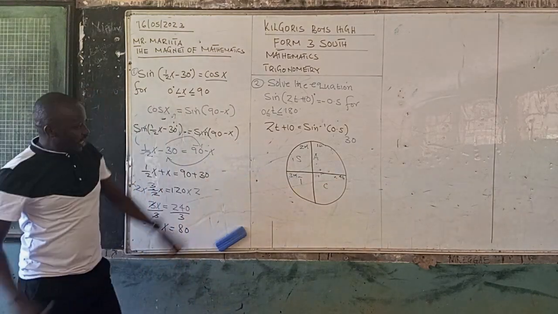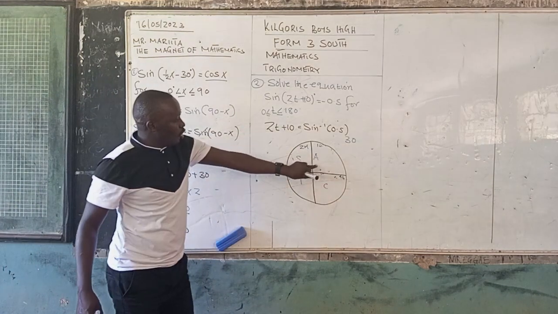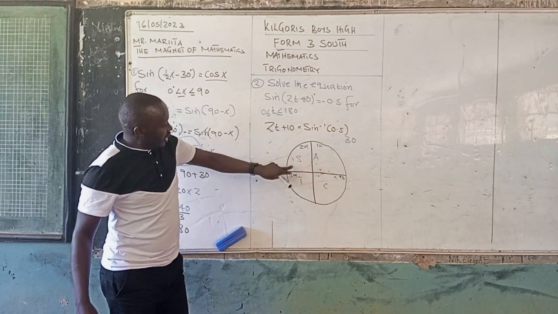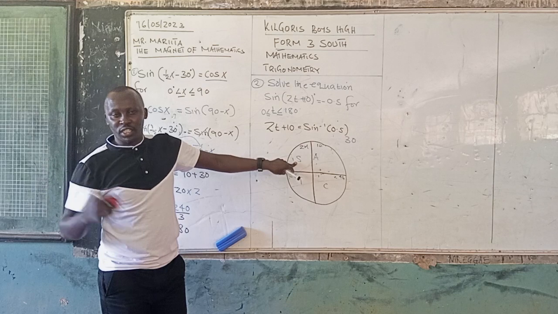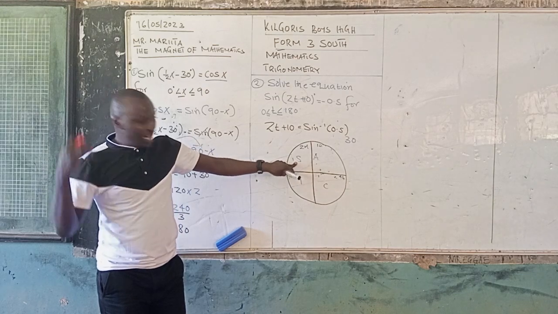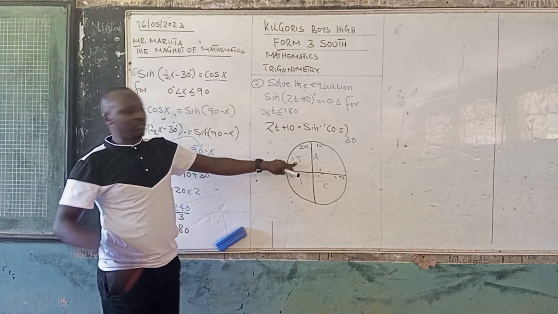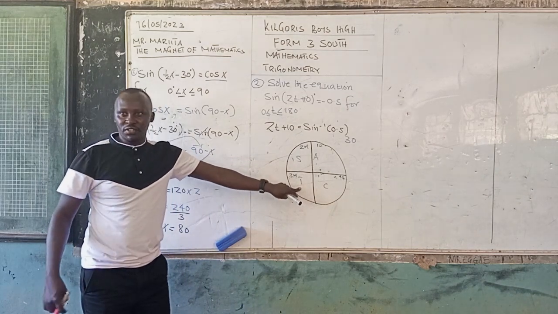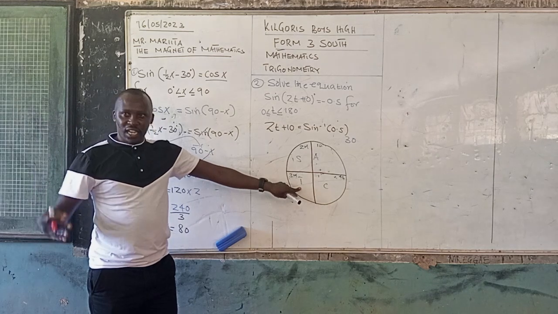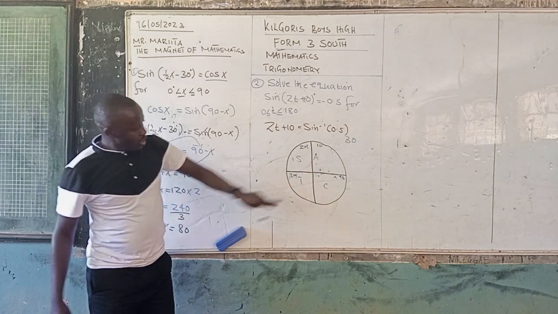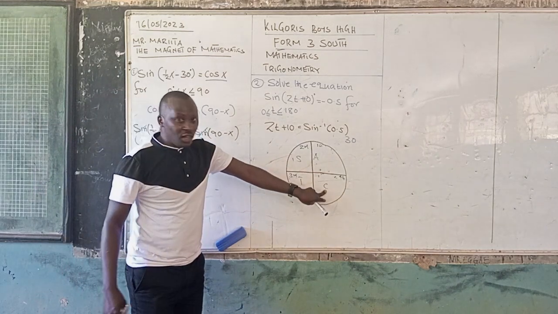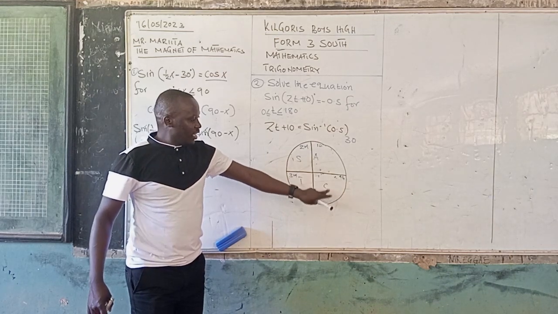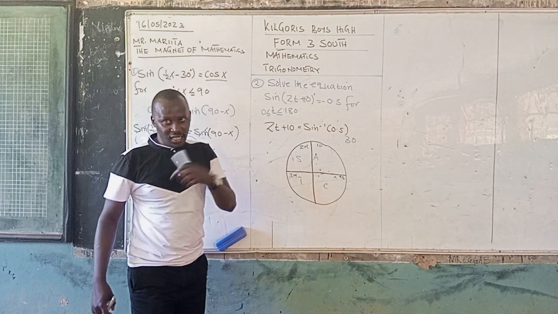Meaning that in the first quadrant, all of them are positive. In the second quadrant, we have only the sine, which is positive, and therefore the tangent and the cosine are negative. So here we have only the tangent, which is positive, meaning that the cosine and the sine are negative. Here we have only what? We have the cosine, which is positive, meaning the sine and the tangent are negative. Is it like that? Yes.